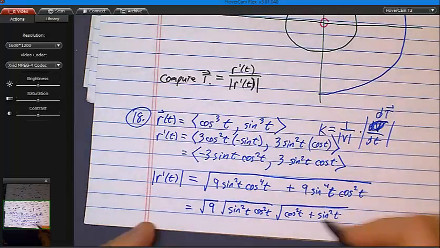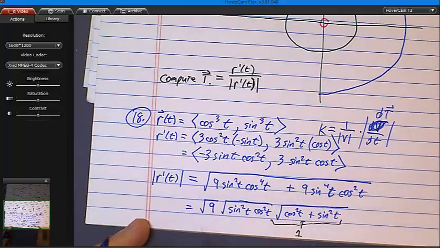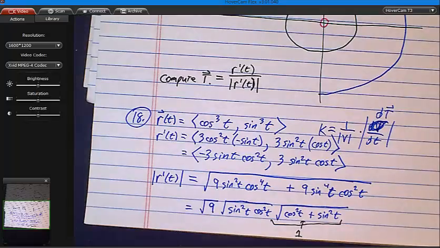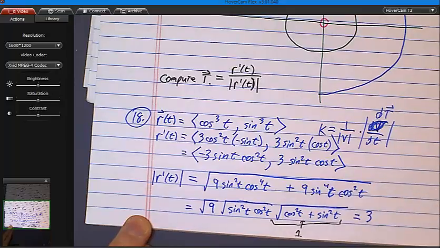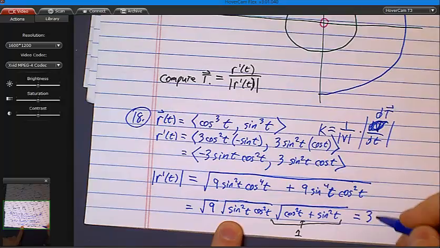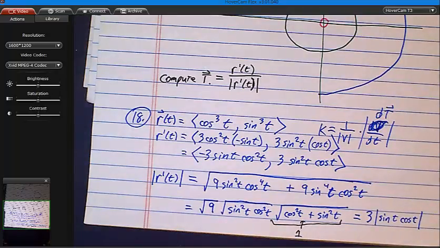So that's kind of nice. And of course, that's a 3. And when I take the square root of sine squared cosine squared, what do I get? Because you're taking a square root, you have to make sure everything's positive, so let's put an absolute value here: sine of t cosine of t. And so there is the magnitude of r prime of t.